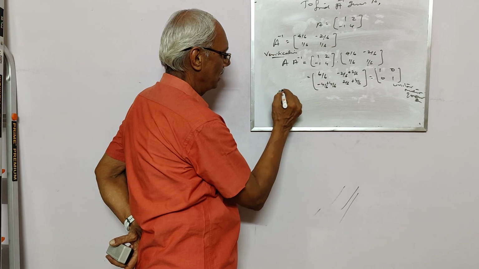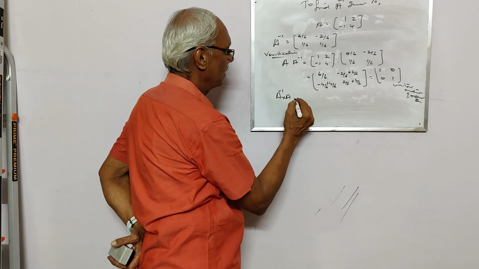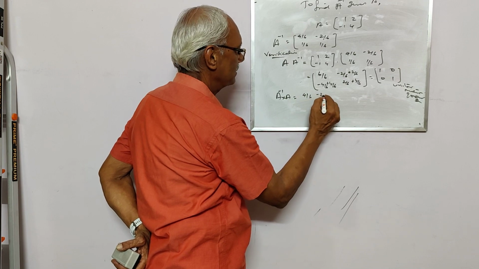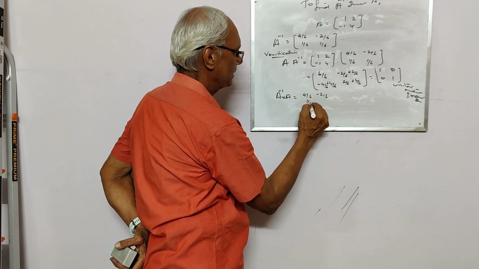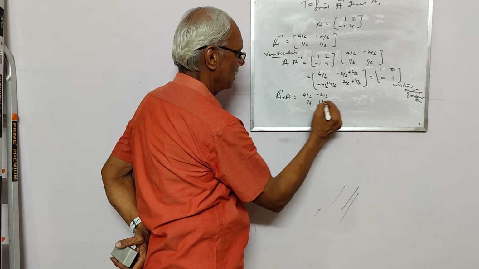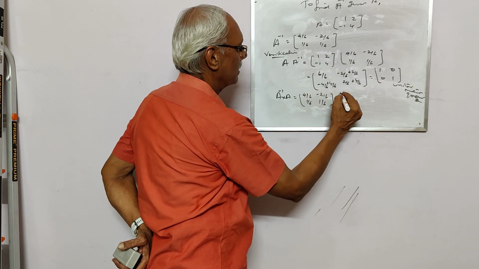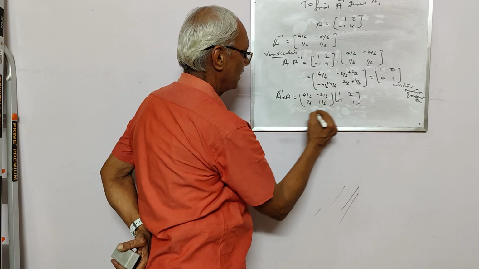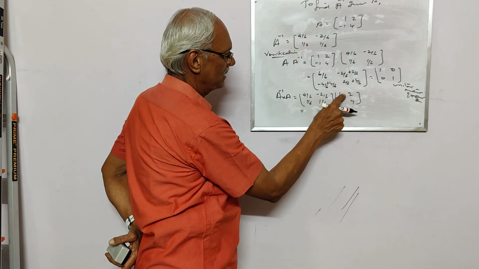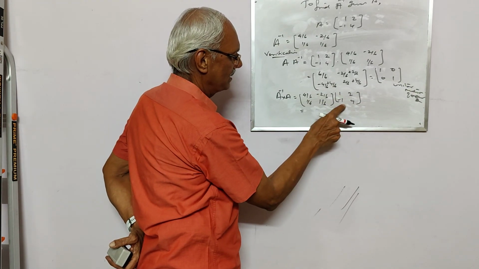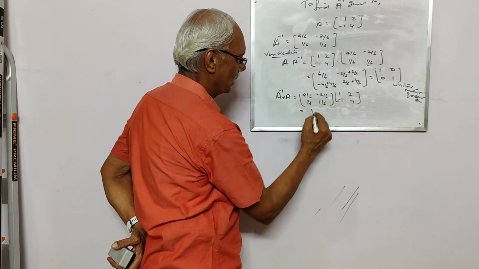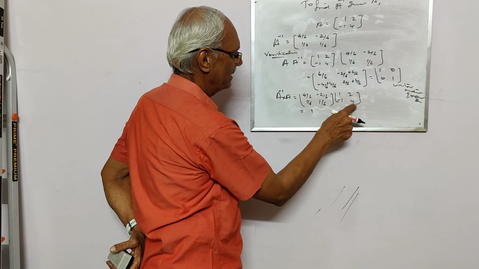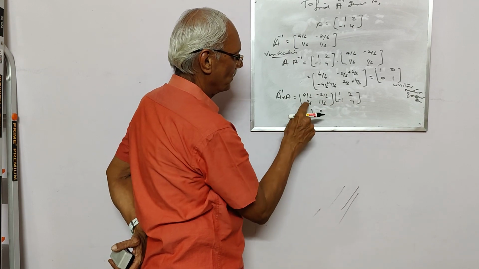Verify now A inverse into A. What do you get here? 4 by 6, minus 2 by 6. 4 by 6 into 1 by 6, this is 2 by 6, so it is 1. This is 8 by 6 minus 8 by 6, 0.